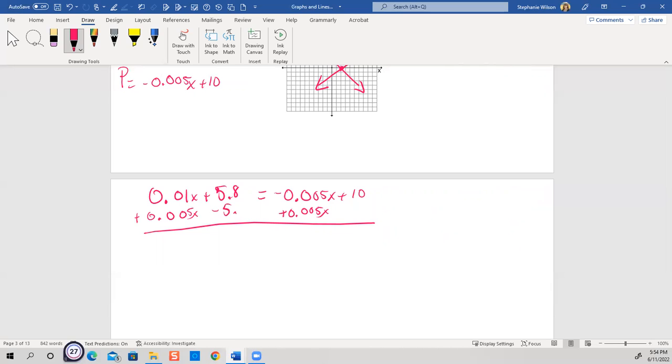I'm going to subtract this constant, get it on the same side. All right, so now what I got, 0, 0. And then we got what? 4.2, I believe, yes. And then we're going to divide by this.